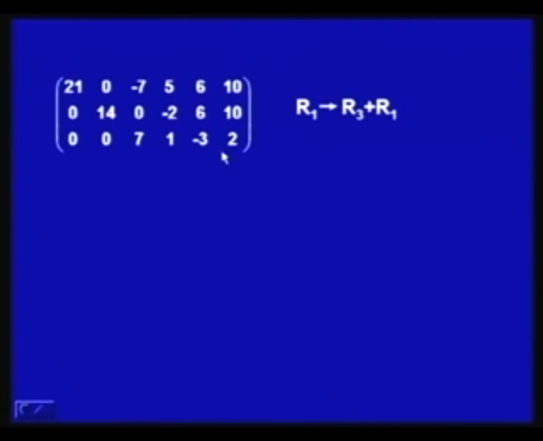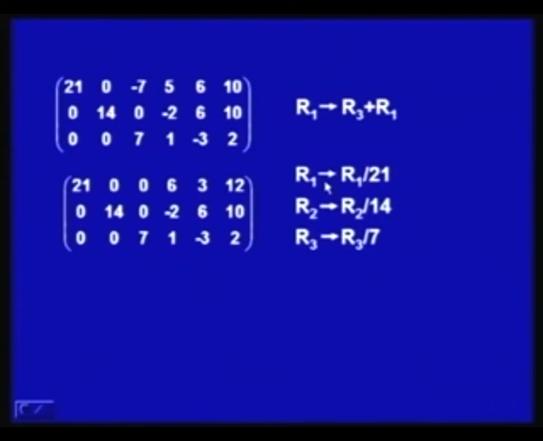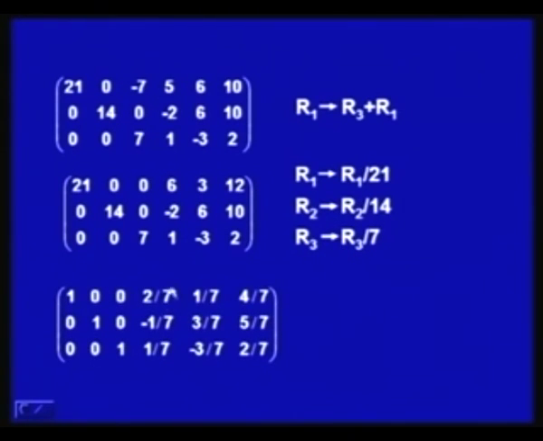And finally, R3 plus R1, so this term will also become 0. And then these diagonals have to be made 1. So, R1 is R1 by 21, R2 is R2 by 14, R3 is R3 by 7, and what we have is an identity matrix here.